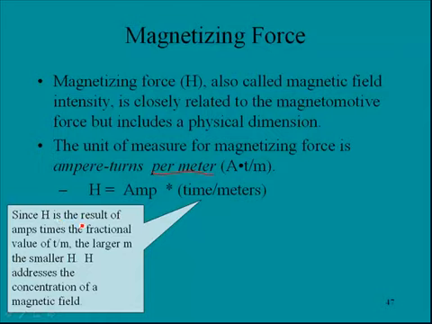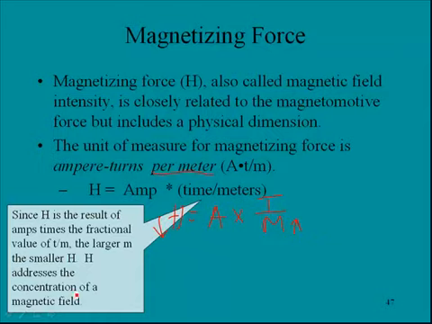Since H is the result of amps times turns over meters, the larger the value of the meters, the smaller the H. H equals this times this. So the larger the meters, the smaller the H, and vice versa.